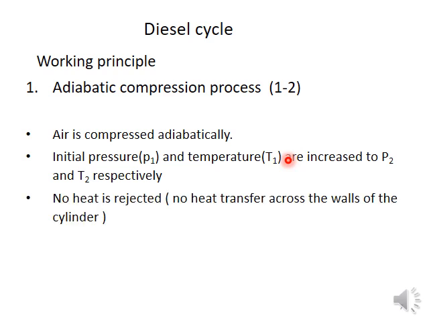No heat transfer occurs across the walls, so dq is equal to 0 and the entropy remains constant. du is equal to the work done on the system, which is the change in internal energy, and the volume of the system reduces from V1 to V2.